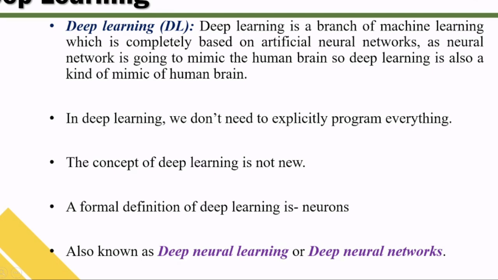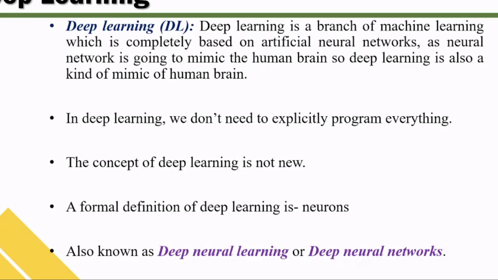Already, I connected the link among these various aspects: AI, machine learning, and deep learning. Deep learning is a branch of both AI and machine learning, which is completely based on artificial neural networks (ANN). The neural network mimics the human brain, so deep learning is also a kind of mimic of the human brain.